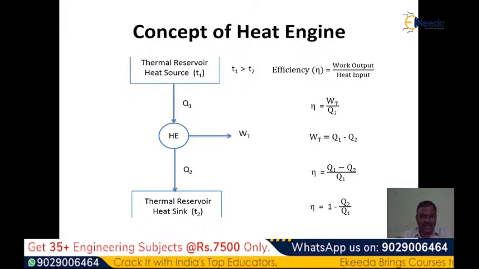Usually water is called steam in the gaseous state, and in the liquid state it is simply called water. The conversion of vapor to liquid water is called condensation, and that condensation takes place in a device called a condenser.